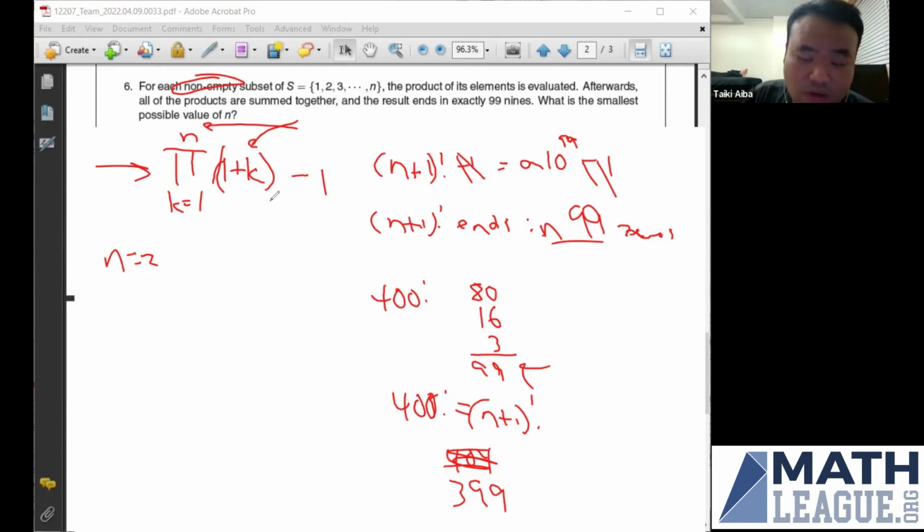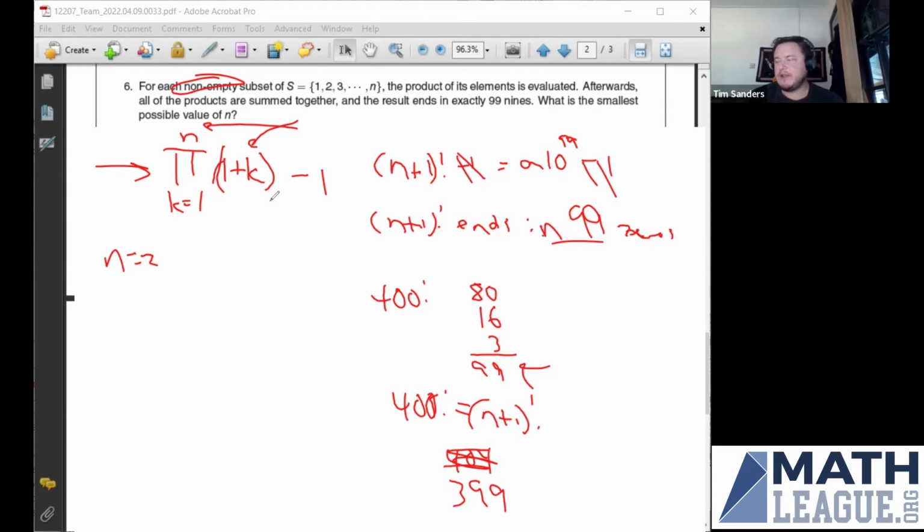So this is basically binomial theory, right? So we take x plus y to the nth power. And what's our coefficient? Well, it's going to be how many times you can choose an x versus how many times you can choose a y.